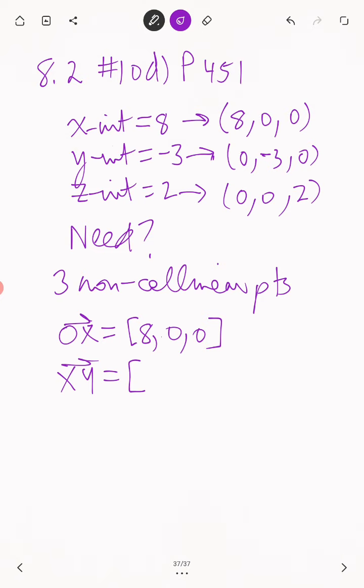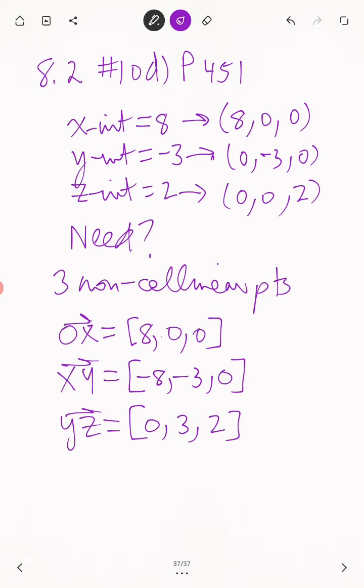I'm going to call it xy. And so that would be 0 minus 8, so negative 8, negative 3 minus 0, 0 minus 0. And then I think I'll use yz, the vector that starts at the y-intercept and ends at the z-intercept. And so that would be 0, 3, because 0 minus negative 3, 2.